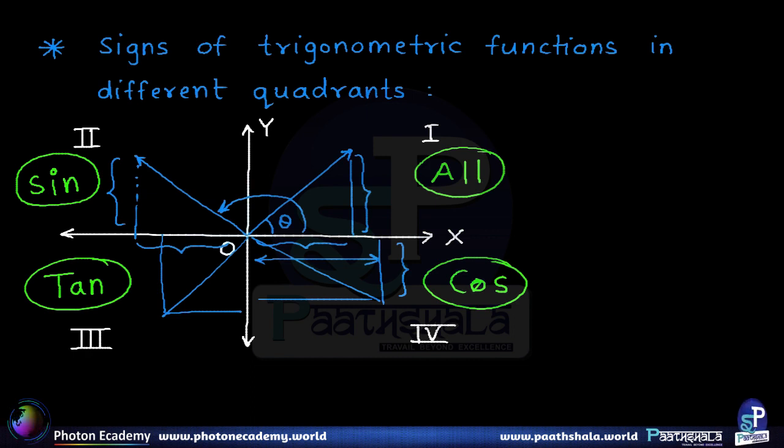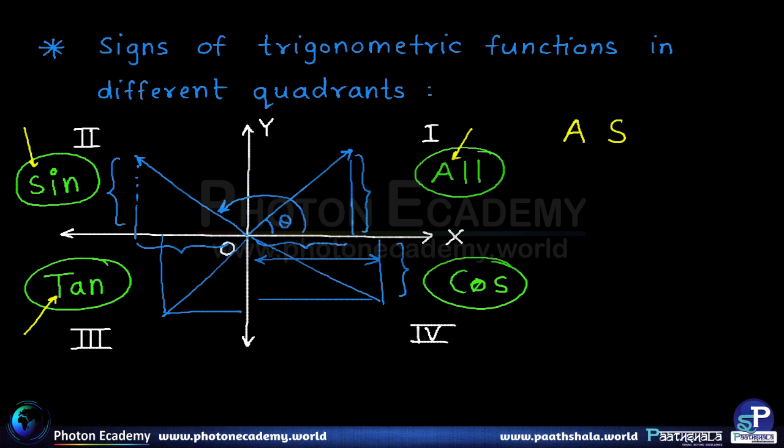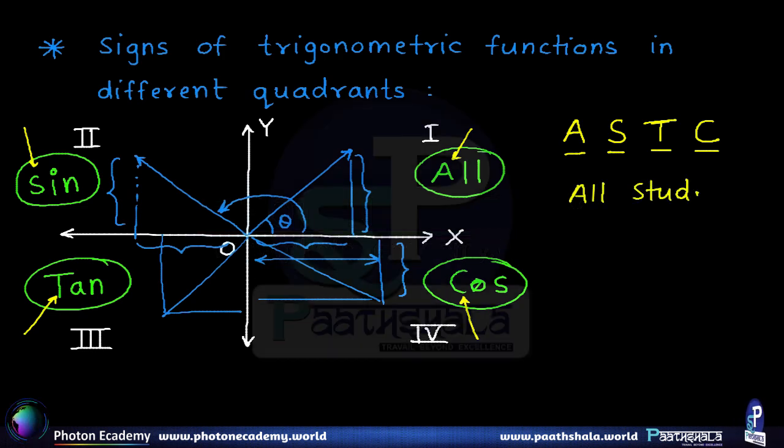So now here we develop a small mnemonic to remember these signs. From the first quadrant we have all, so we take A. From the second quadrant we take S. From the third quadrant we take T, and from the last quadrant, fourth quadrant, we take C. So you can remember this particular mnemonic with a simple statement, that is all students take coffee.